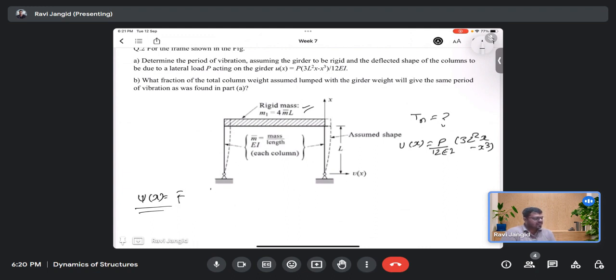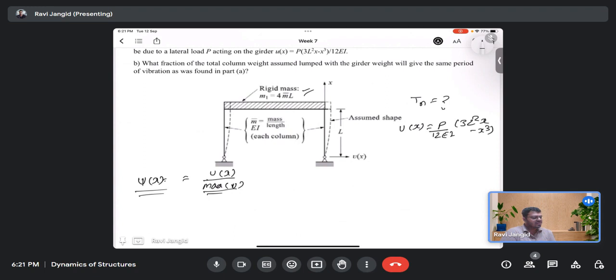So ux is given to me, if I divide it to get the shape function. Does the shape function have any unit? No. So ux is given and we have to divide it by the maximum displacement at the top. Maximum of u, at which point?